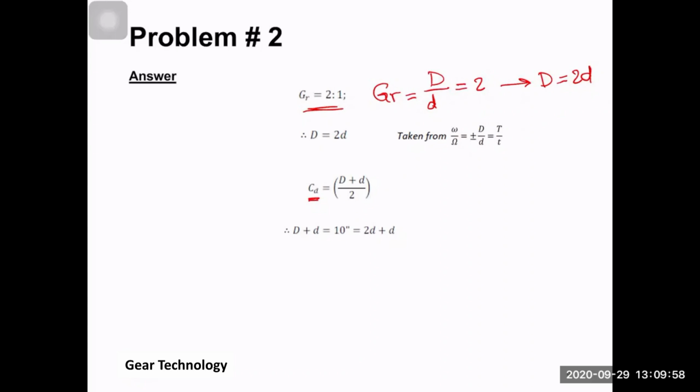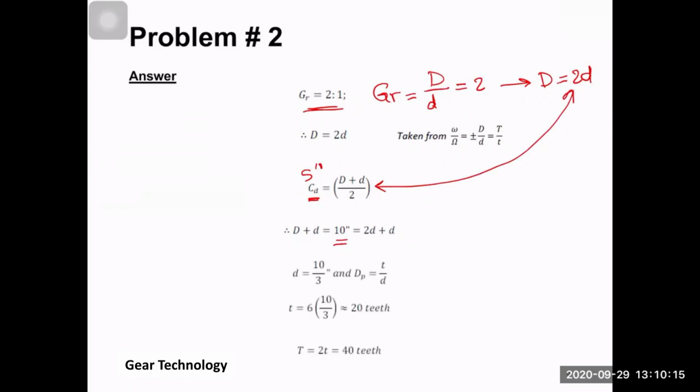And then from here, the center distance is given as 5 inch, okay? If you multiply by 2, it gives you 10 inch, and then you have capital D plus d here, but remember that we have another relation that capital D is equal to 2d. So from this equation, we can simply say that small d is equal to 10 over 3 inch, okay? Then, of course, the value for capital D can be found as well.